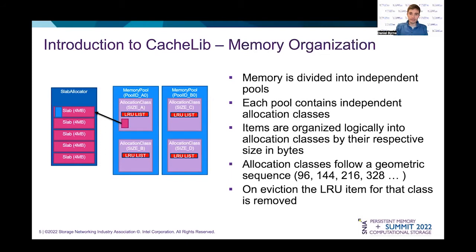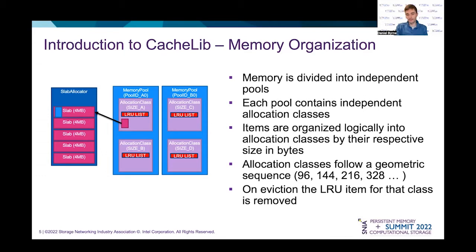CacheLib is organized into different memory pools, and each memory pool is a set of independent allocation classes. Each independent pool contains its own allocator, and each pool is divided into allocation classes. Items are organized logically by their respective size, and these allocation classes follow a geometric sequence.